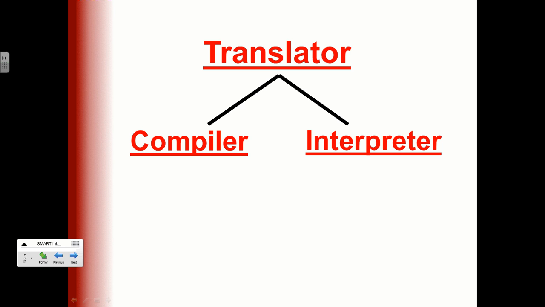Good. So, what's the difference between a compiler and an interpreter, I hear you ask? Well, glad you asked. A compiler takes all the source code at once, thinks about it very hard for a very long time, and then generates your object code in one massive lump.